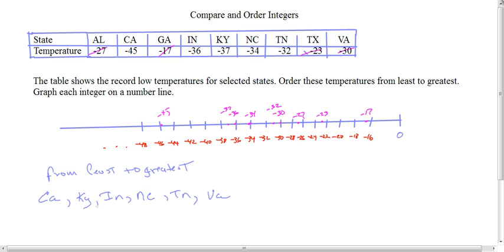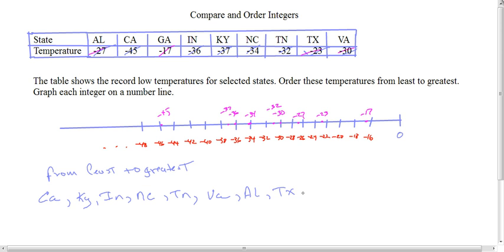Okay, let's make sure. We got California. We got Kentucky. We got Indiana. We got North Carolina. We have Tennessee. We have Virginia. And after Virginia comes Alabama. Then after Alabama comes the great state of Texas.